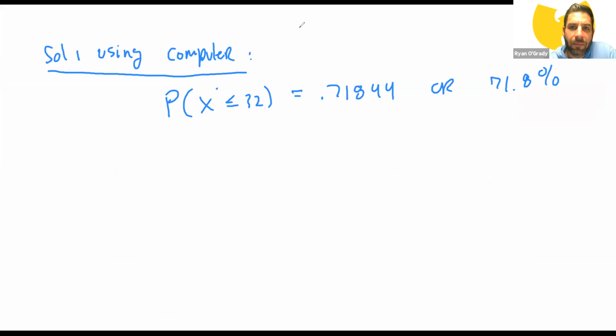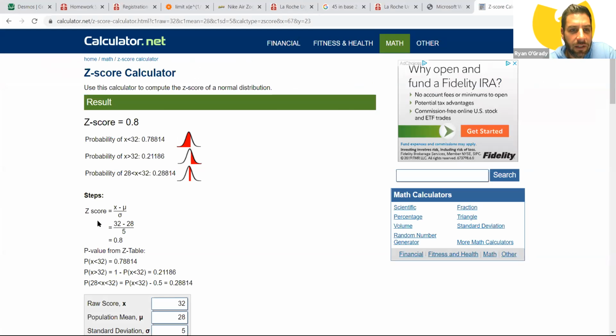Now you'll notice something. If you look at what the computer did, it did the work for us. Notice it actually converted Z. It did it for us, and then it calculated it that way. But let's do it by hand and make sure what we do matches what the computer does.